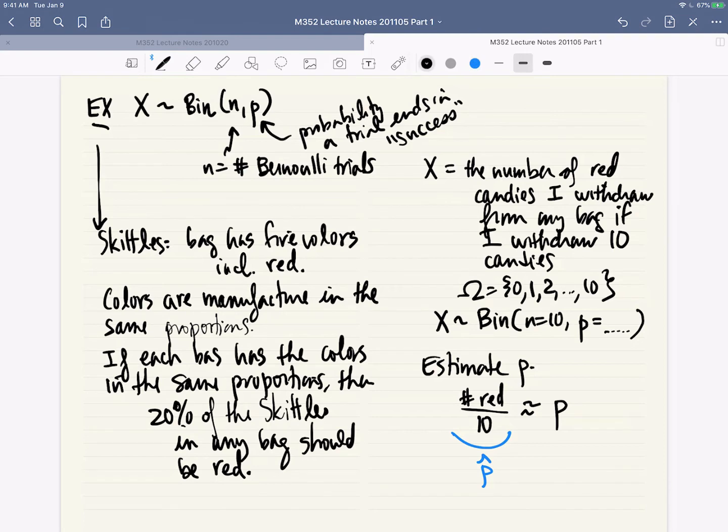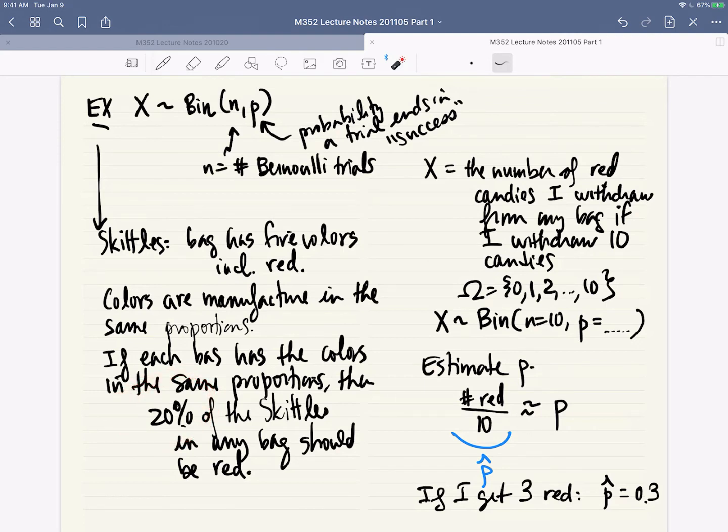So if I take out 10 candies and I get 3 red, then my point estimate for the proportion is going to be 0.3, which is different from 0.2.